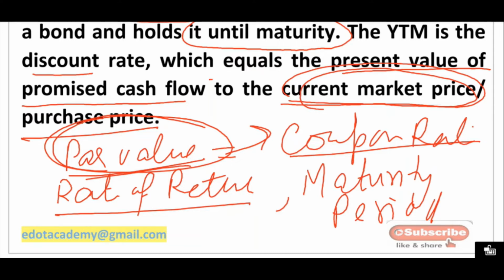And if you hold till maturity, whatever coupon you are getting, you must be investing somewhere. And when you invest that, you'll be getting some rate of interest. So what should be the rate of interest so that your total cash inflow must be equal to market price.